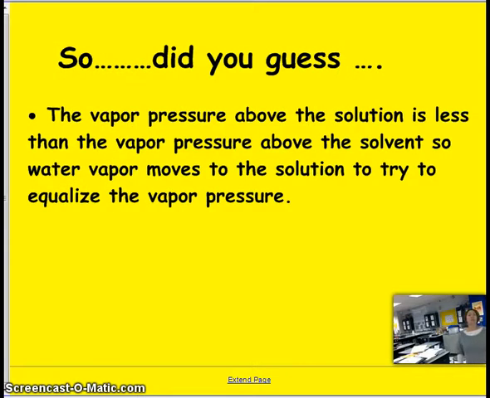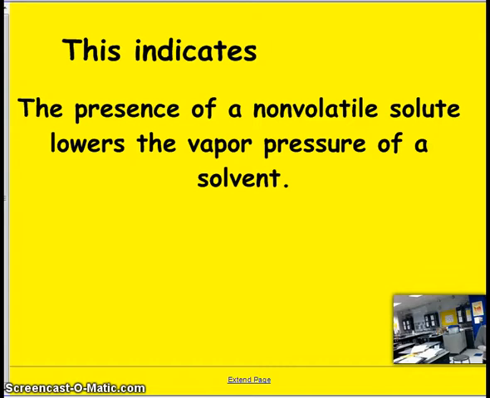So the vapor pressure above the solution is less than the vapor pressure above the solvent. So water will move into the solution in an attempt to equalize the vapor pressures, though that will never happen. So the summarizing overriding principle is that when you have a non-volatile solute, you will lower the vapor pressure of the solvent.